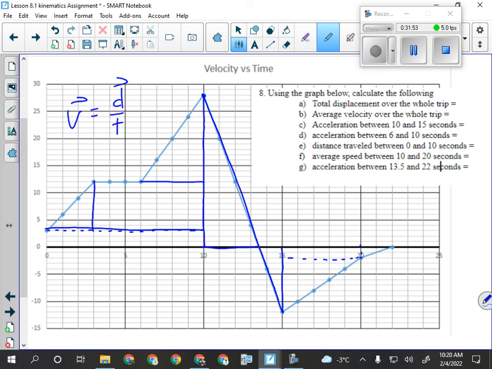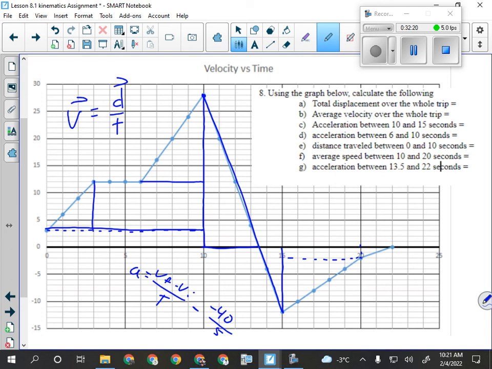That'll simply be an A equals VF minus VI over T calculation. So we're going from 28 to negative 12, so negative 40. We have negative 40 over 5 seconds, so it should be negative 8 meters per second squared.